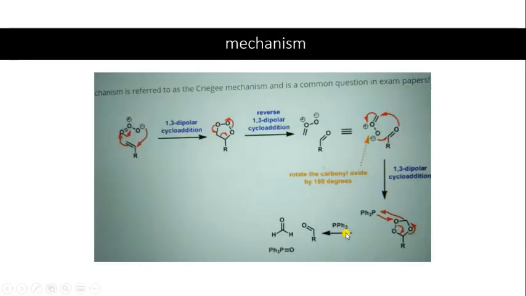triphenylphosphine is now there. This is the oxygen absorbing species, with an electron deficient center, and then what it does, it abstracts the nascent oxygen. How? Just by attacking the oxygen.